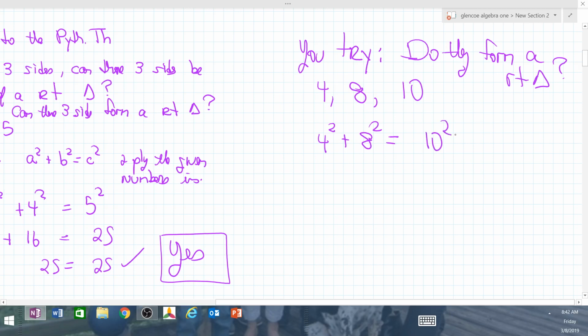Okay, so 4 squared equals what, guys? 8 squared equals? And 10 squared equals? 16 plus 64 equals? 80. Does not equal 100, and your answer would be no.